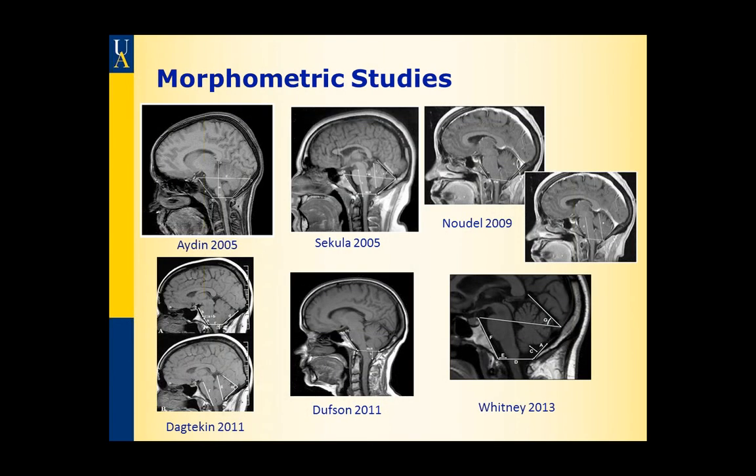Our first idea was that we have MRI images, but we need some feature extraction. We cannot just use the images. So we thought, there are a lot of morphometric studies, so why don't we use some of these measurements? There are several studies already.